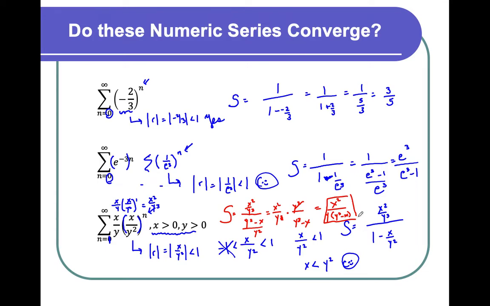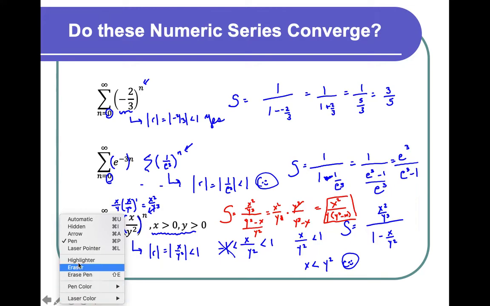So that one was a little messier just because it had too many variables. But the key part for each one of these is to recognize your common ratio and your infinite sum series.